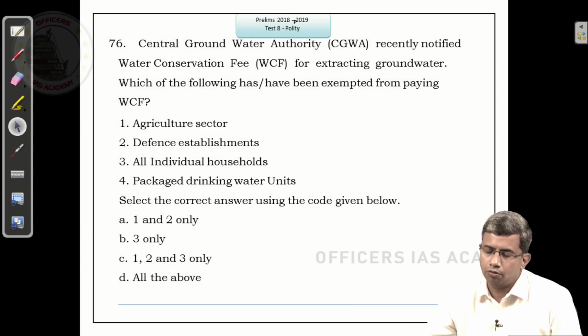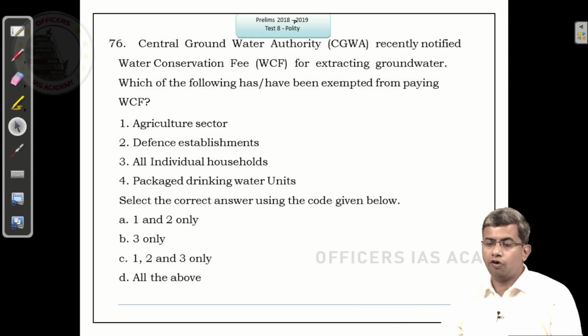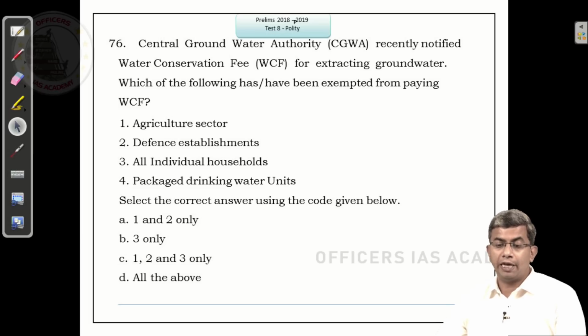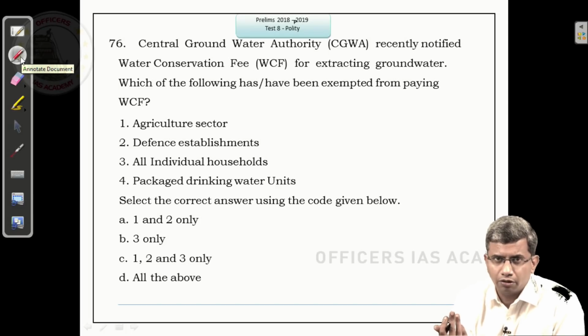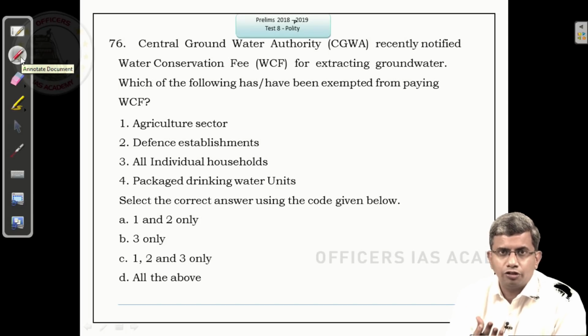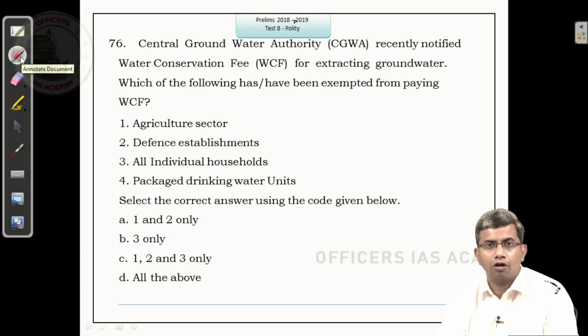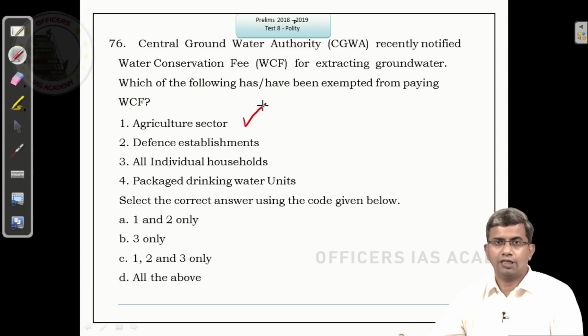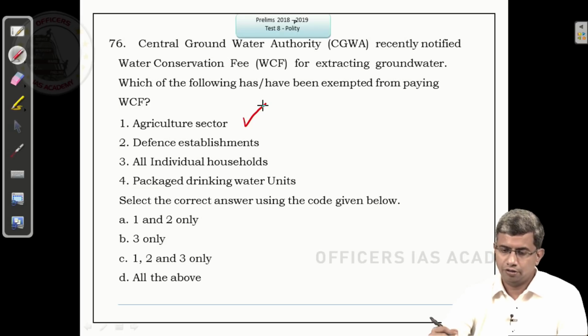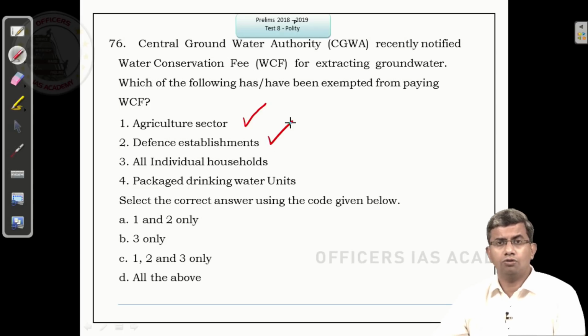The Central Groundwater Authority recently notified a water conservation fee for extracting groundwater. Which of the following have been exempted from paying the fee? Agriculture sector, obviously, they're already facing so many problems, so definitely there will not be any fee. Defense establishments, they are for the security of the nation. All individual households, poor Indians, will they be exempted from the fee?